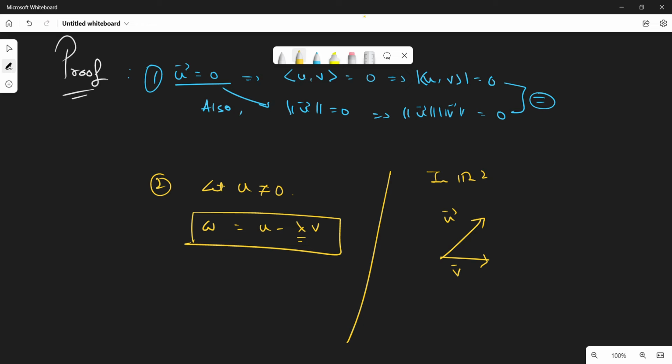This is v. When we extend this vector using a scalar multiple, the new vector comes out to be some lambda times v. Okay. Now what you do is that you try to take the shortest distance between u and lambda v. So what is the equation of this resultant vector? It is u minus lambda v. Clear? It is u minus lambda v.